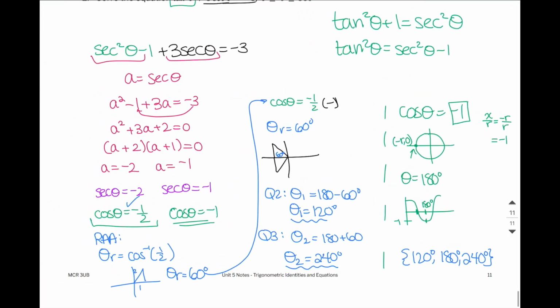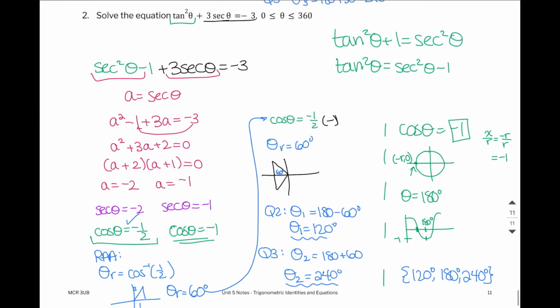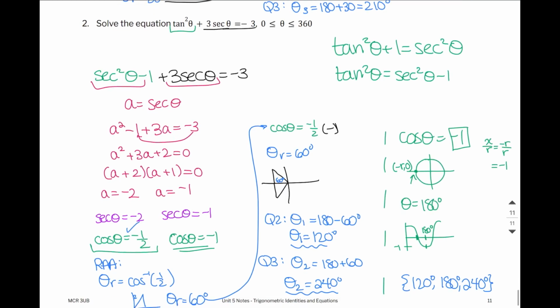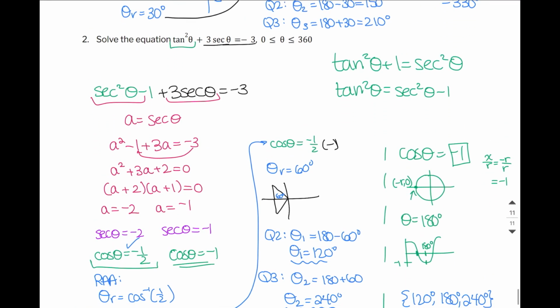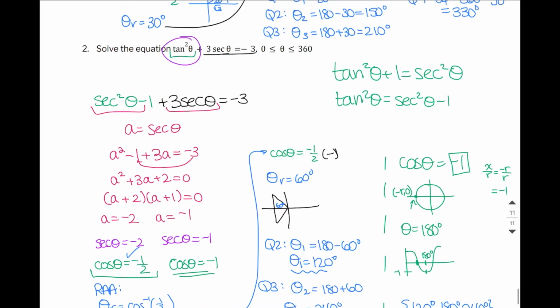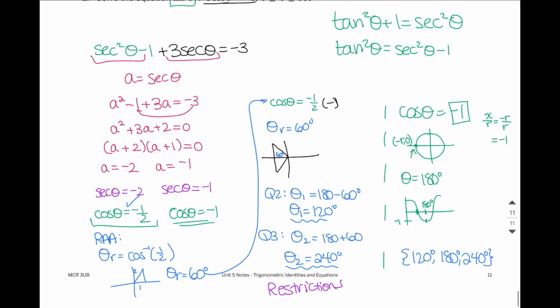Now, before we do anything else, there's something super important that I did not do here that we have to make sure we do whenever we have any type of reciprocal equations. And that is we have to state our restrictions. So over here we have tan of theta in our original problem. And tan of theta is sine over cosine. So this means that cosine of theta cannot be equal to 0.